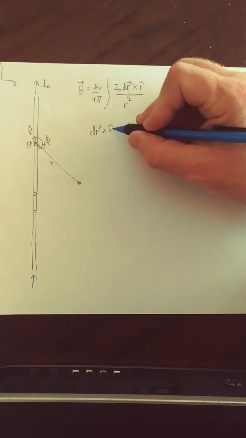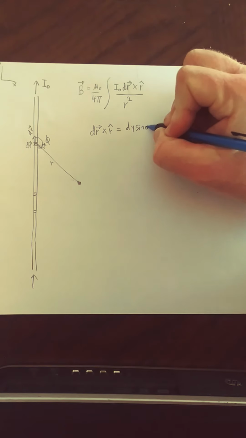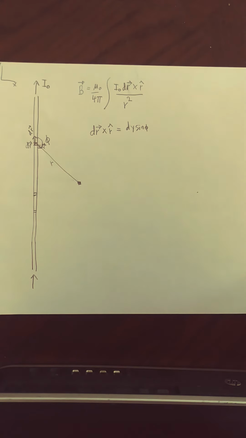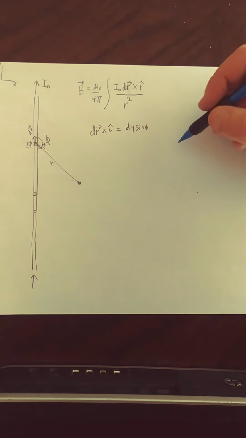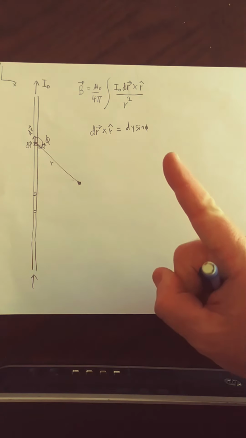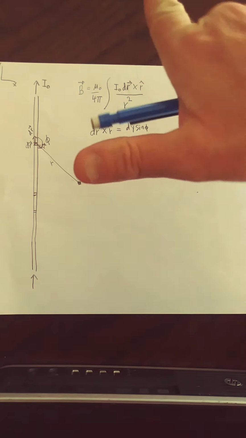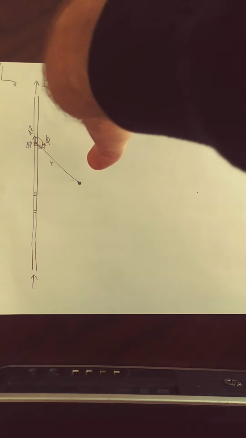The magnitude of the unit vector is 1, so we have dy sine of phi, which we need to evaluate in terms of y. Then we can use the right-hand rule to figure out the direction. It's dr cross, with the middle finger being r hat, to where we want to know the field.